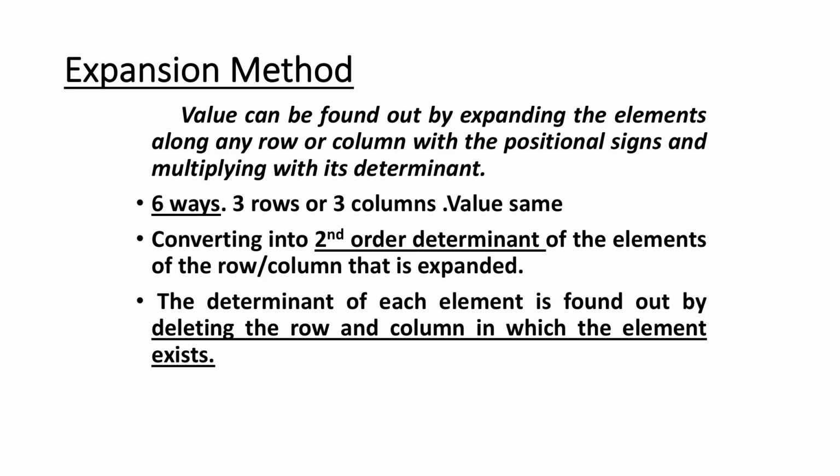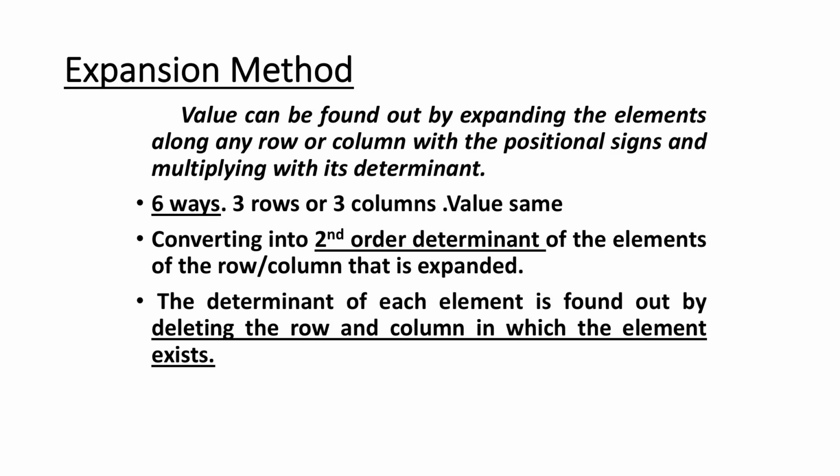There are 9 elements, right. Here we must remember, we must convert it to a second order determinant for each element that we take along the row that we are expanding. For example, if we are expanding the first row, when we take the first element of the first row, we must take the positional sign of the element and also the second order determinant that we find by deleting the row and column in which the element lies, right.